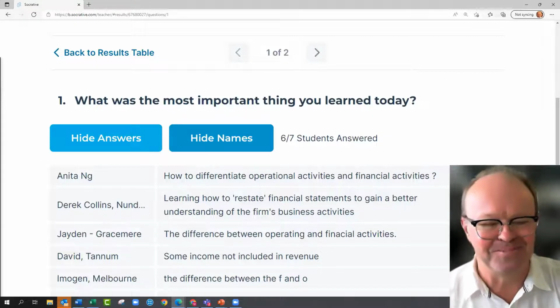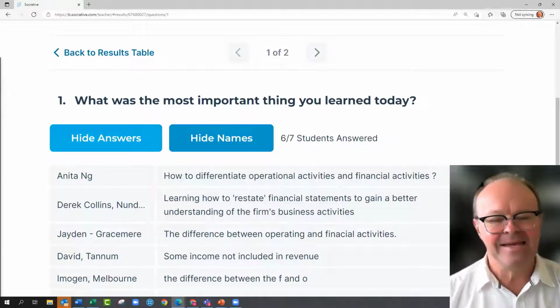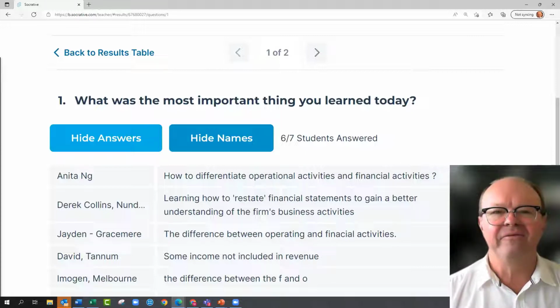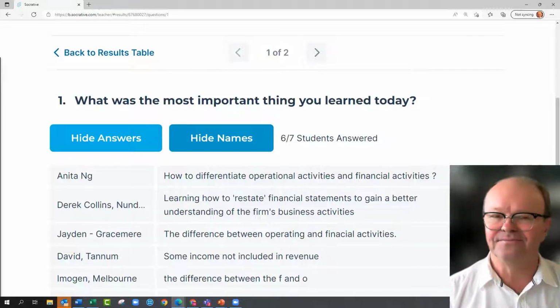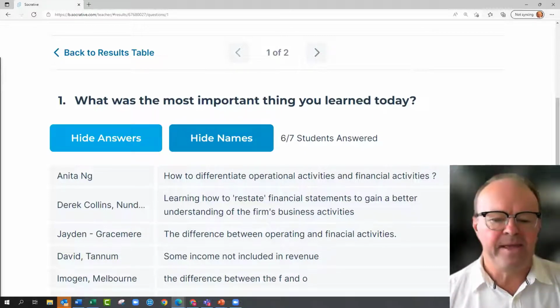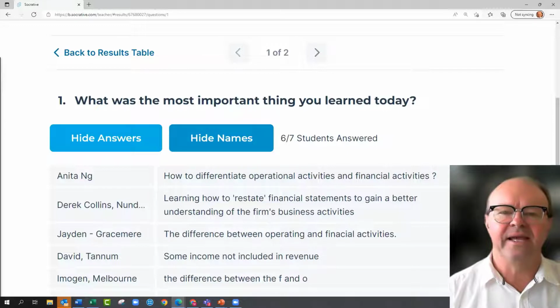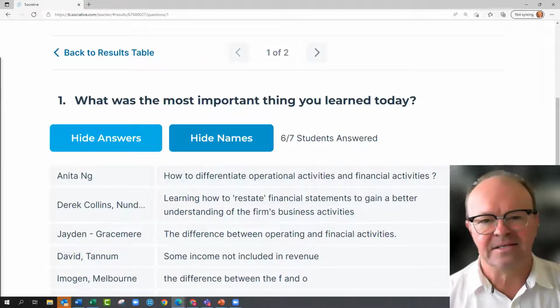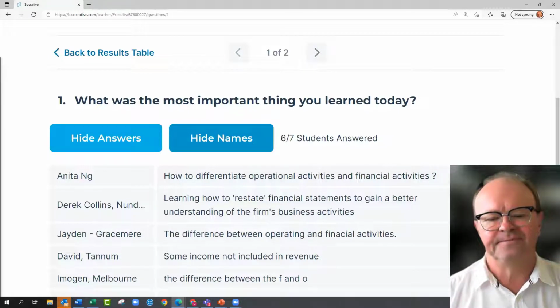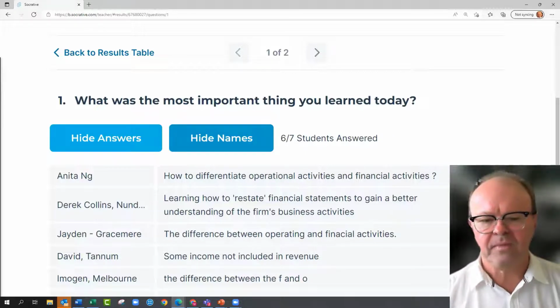I didn't want to put you on the spot too much. And David: some income not included in revenues. That's interesting. Income and revenue are defined terms. Revenue is defined in the accounting standards and has its own standard, AASB 15. Income is defined in the conceptual framework.